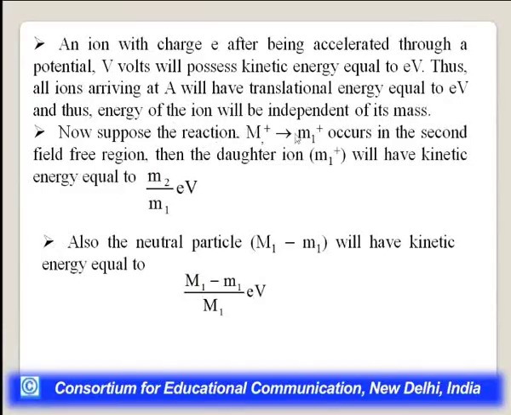Now suppose the reaction, that is conversion of parent ion to the daughter ion, occurs in the second field free region, not in the first field free region. Then the daughter ion will have less kinetic energy, and this is m2 by m1 eV. And also the neutral particle, m1 minus the daughter mass, will have kinetic energy, which will also be less because it is the molecular ion mass minus the small daughter ion mass divided by m1.